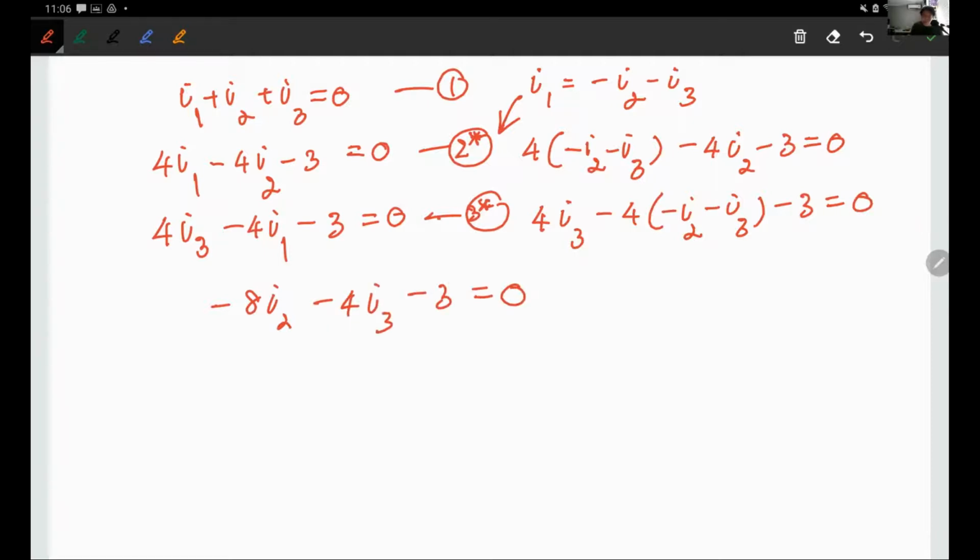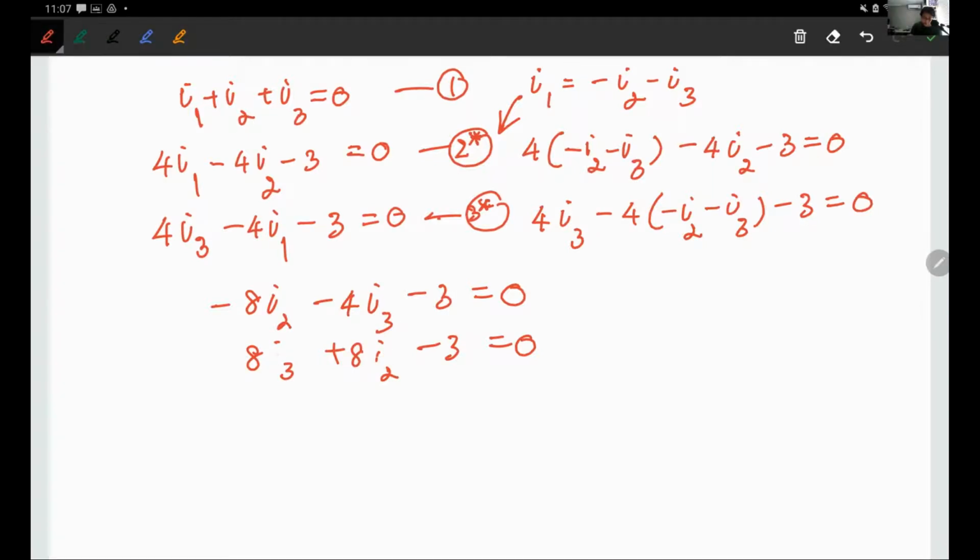If you know the answer, then just let me know. I don't know, is this the easiest way? Oh, okay, 8I3 plus 8I2 minus 3. So I just eliminated I1 from the system, and now I'm arriving at two equations for I2 and I3.